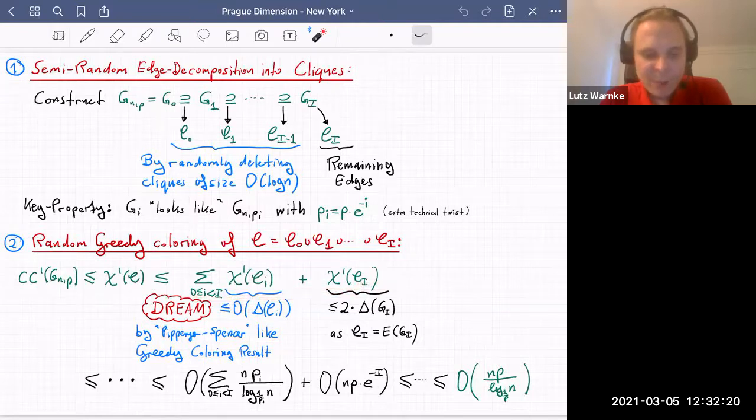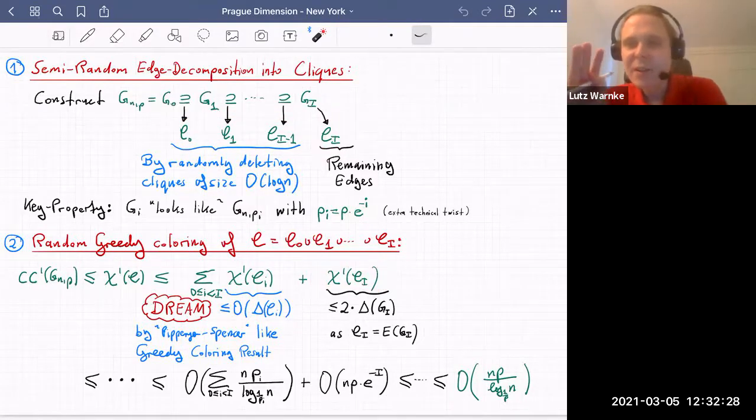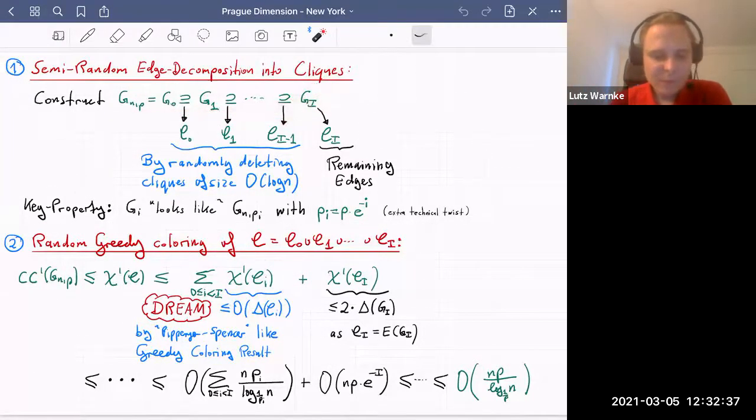Here, I immediately split up the sum into those where we take out random cliques, and the final set, because the final set is a little different, right? The final set does not contain large cliques, it contains just edges, right? Because we said, we decompose until the graph is very sparse and we put all the edges into one bag. And so now let's focus first on the last set here.